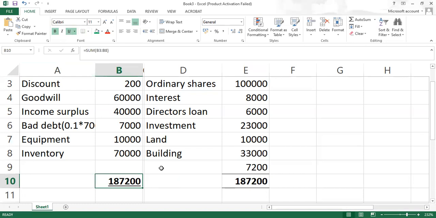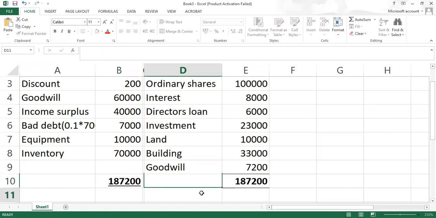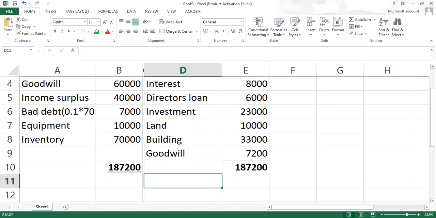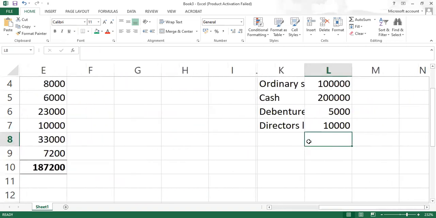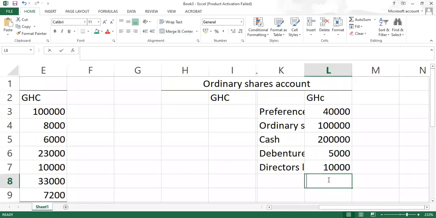It is named as goodwill. We assume that all the goodwill has not been impaired. So this is a goodwill. Are you okay? Yes. Okay. But if it is here, it should be capital surplus. It's a gain. Okay. So let's come to the ordinary shares account. Let's add.